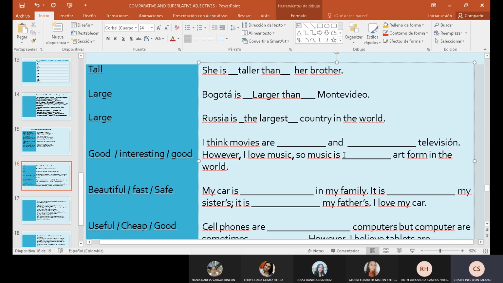And the third place is good. Okay, you read the sentence and you think what we use in that case. I think movies are better, and interesting, only interesting, and more interesting.